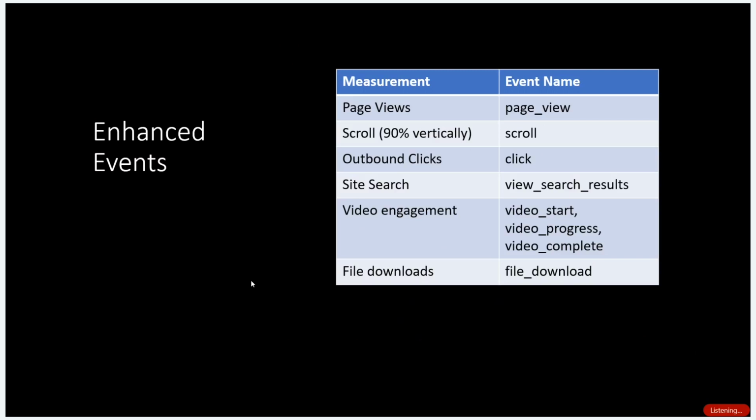I expect this list to grow in future, because Google is looking at what are the common things that people are doing, and they will make it automatic, so you don't have to spend a lot of time implementing it. You don't have to hire consultants to help you with those things. You can just flip the switch. Now you need to know which switch to flip, and what other properties you want to capture along with those.